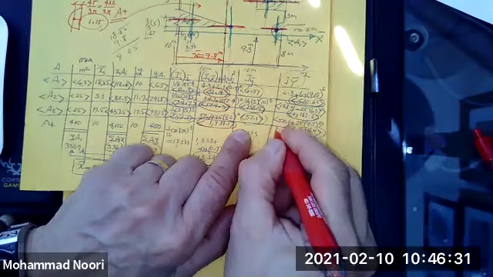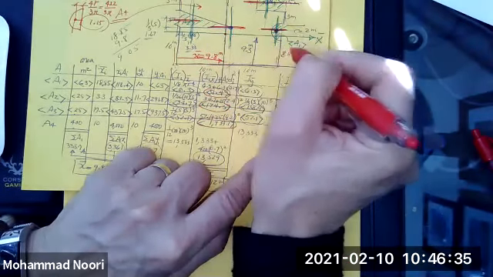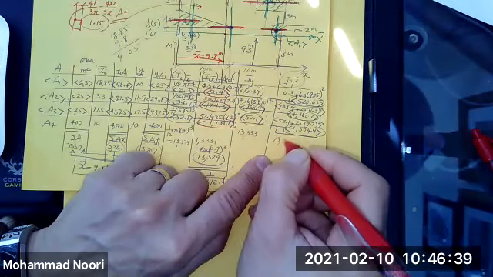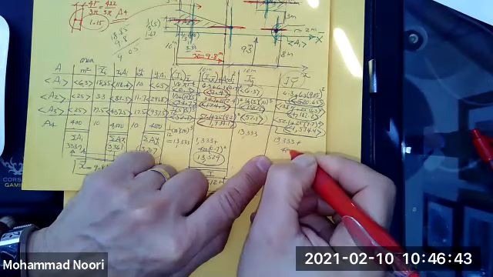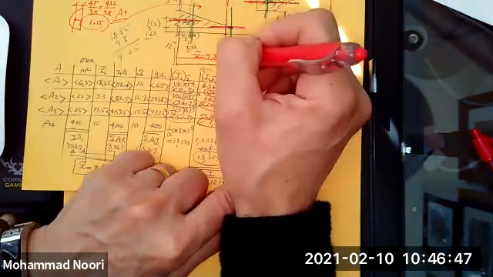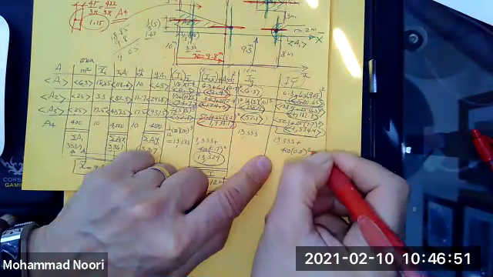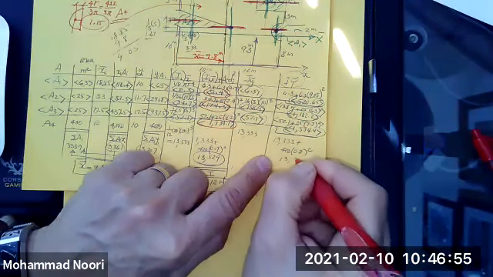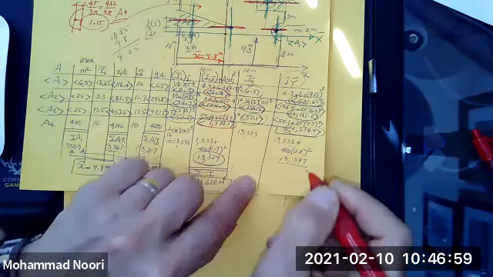The last one is this guy: 13,333 plus its area, which is 400, times this distance, which is 10 minus 9.8, so it's only 0.2 squared. And that gives you 13,347 positive.